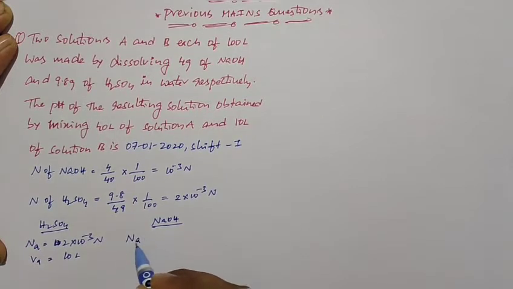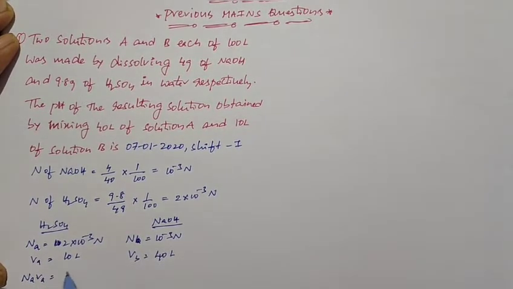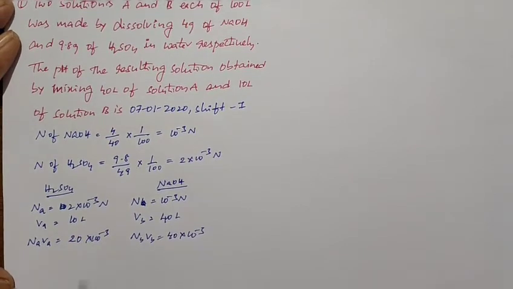Then for NaOH, NB is 10 power minus 3 normal, and VB is 40 liters. Then NAVA is 20 into 10 power minus 3, and NBVB is 40 into 10 power minus 3. Comparing both, NBVB is more than NAVA, so the resulting solution has a basic nature.